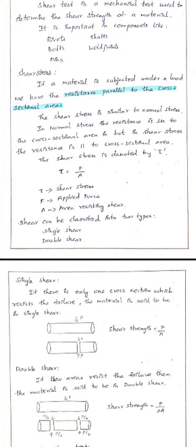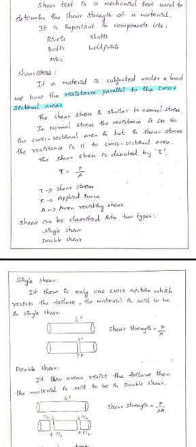Here we know it. But in shear stress, the resistance is parallel to cross sectional area. The shear stress is denoted by tau. Tau is equal to force by area. Here tau represents shear stress, force represents the applied force and A represents the area resisting shear.